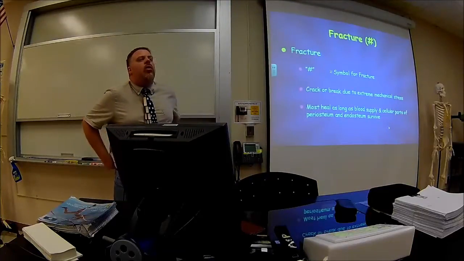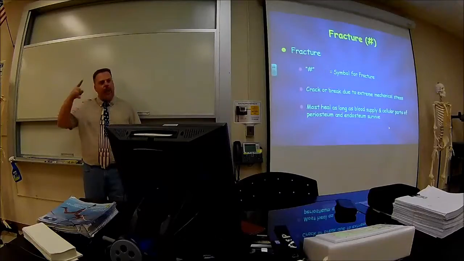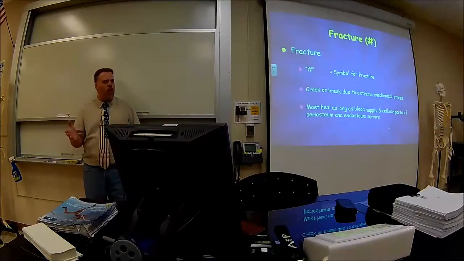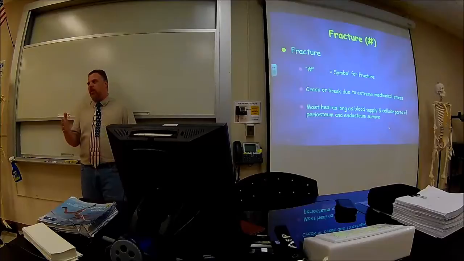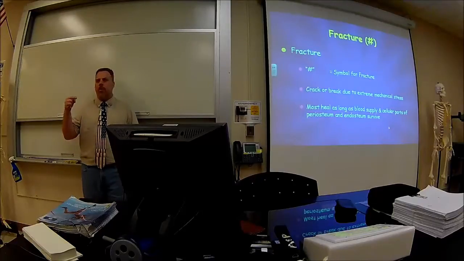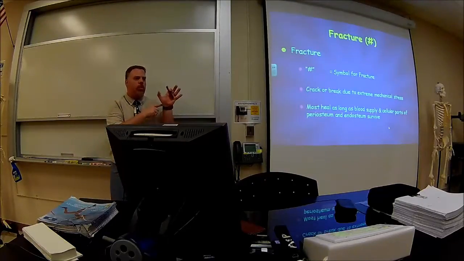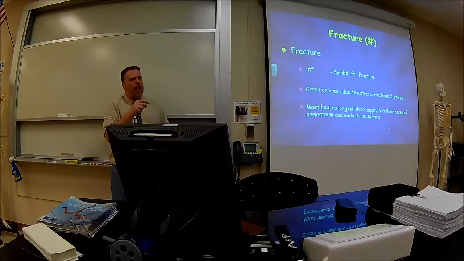Most will heal. We'll put a cast around it, and most will heal well, as long as you have the blood supply going there. Now, there are certain fractures where only one blood supply goes to that bone. A scaphoid, part of your carpal bones, is a good example.